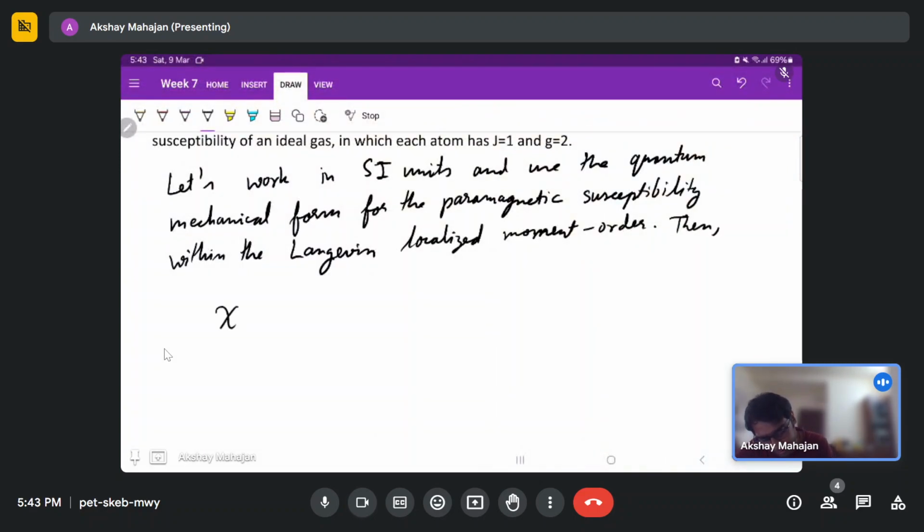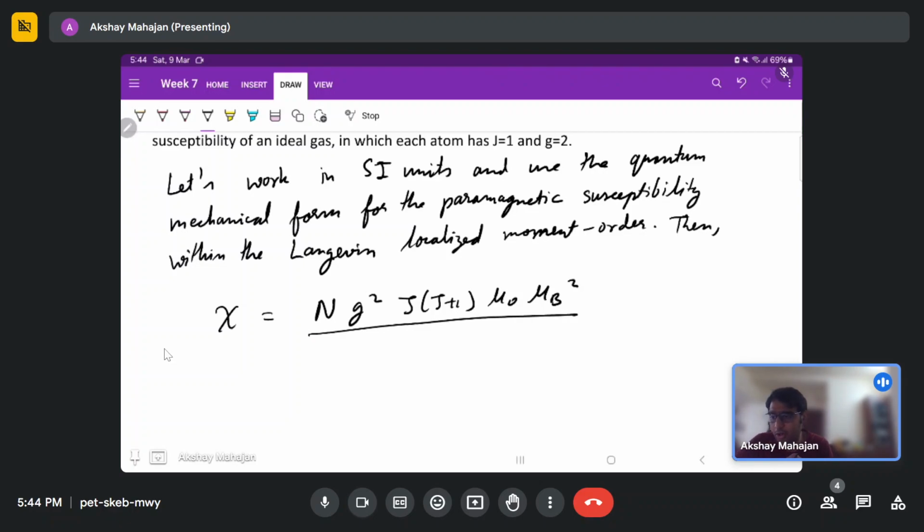So basically, as we have found, this paramagnetic susceptibility is given by n times g square j into (j plus 1) times mu naught mu B square upon 3 kB T. Here I am multiplying by mu naught because I am writing everything in SI units. When you write the same susceptibility formula in SI units, such that the susceptibility is unitless, then you have to multiply it by mu naught, which is the magnetic permeability of vacuum.